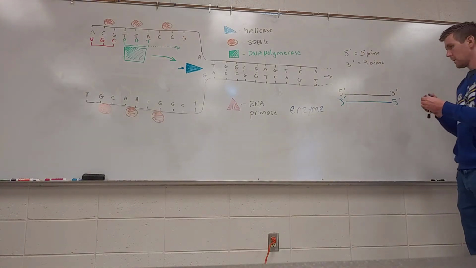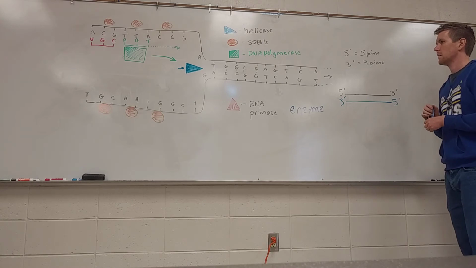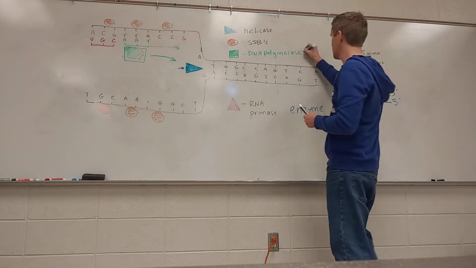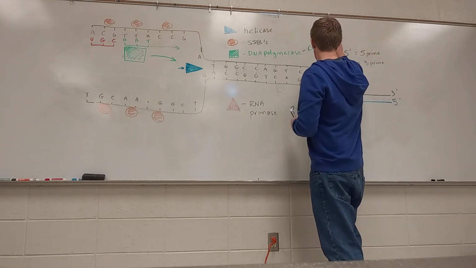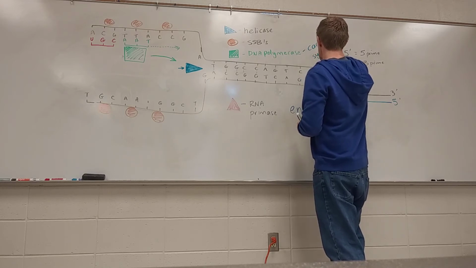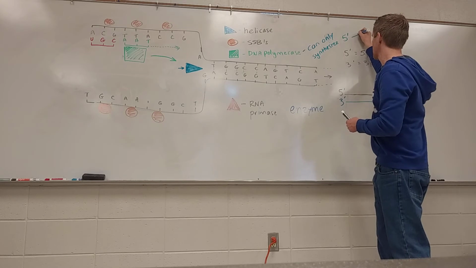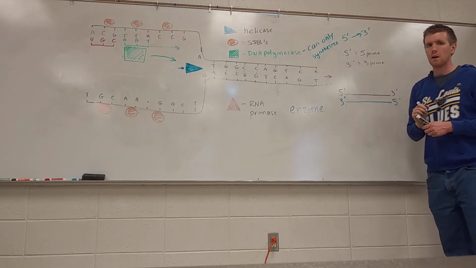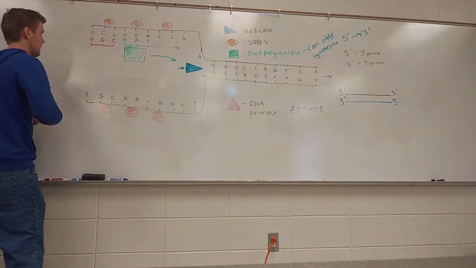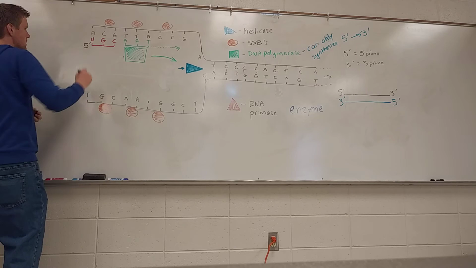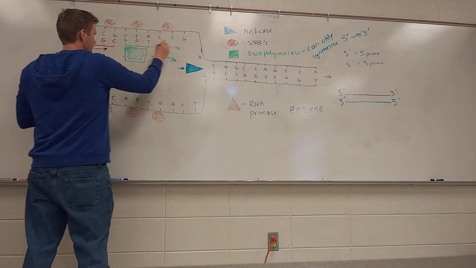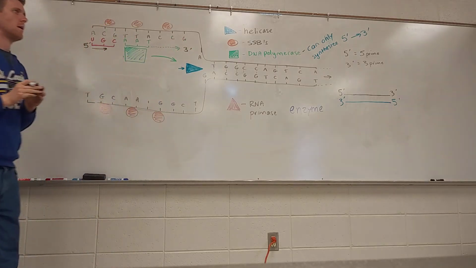Okay, so DNA polymerase is great at what it does, but it can only synthesize new DNA from 5 to 3. So that means, in our example over here, this new strand we're building is going to be the 5' end, working this direction towards what ultimately will become the 3' end.